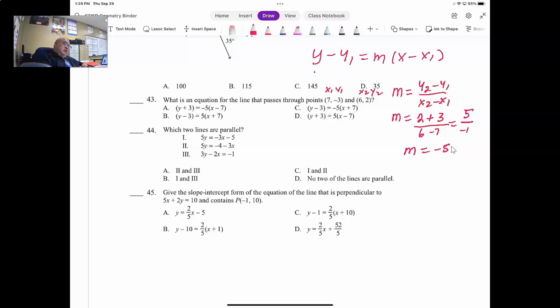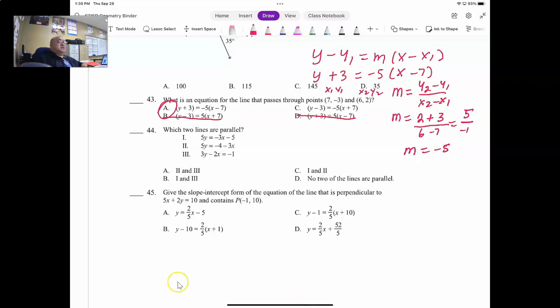So y minus y1, it's going to be negative 3, so it's positive 3, equals negative 5 times parentheses x minus 7. So it's not going to be B and D because they have positive slopes. Which ones have negative slopes? That's correct, A and C. So your answer is A.